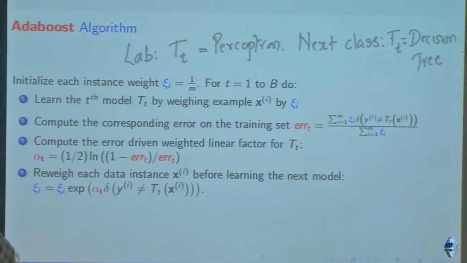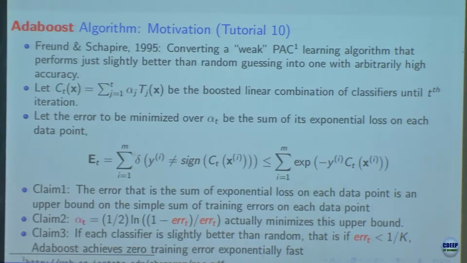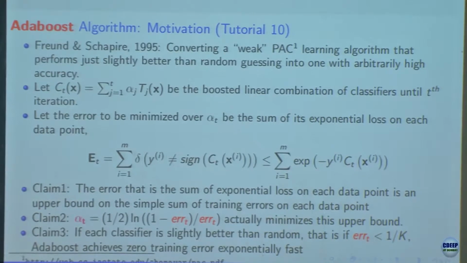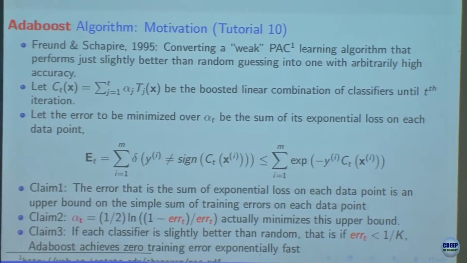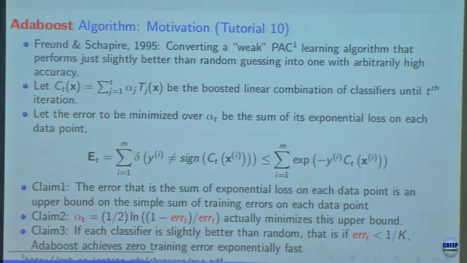Okay, so in tutorial 10 I have an interesting interpretation of AdaBoost beyond just the intuition I gave. The intuition was, as your error increases, alpha decreases, and as alpha is given more importance, it contributes more to xi. But is there some global error that the AdaBoost algorithm is really tracking?